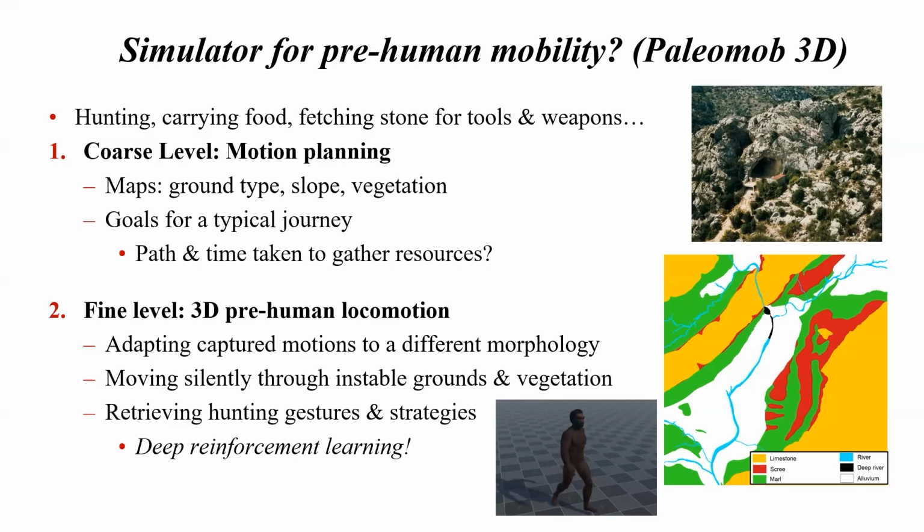And then second thing, we want to be able to zoom in and to reconstruct pre-human locomotion, which we can do, for instance, using deep reinforcement learning, but this is just starting. I just started with an intern last spring.